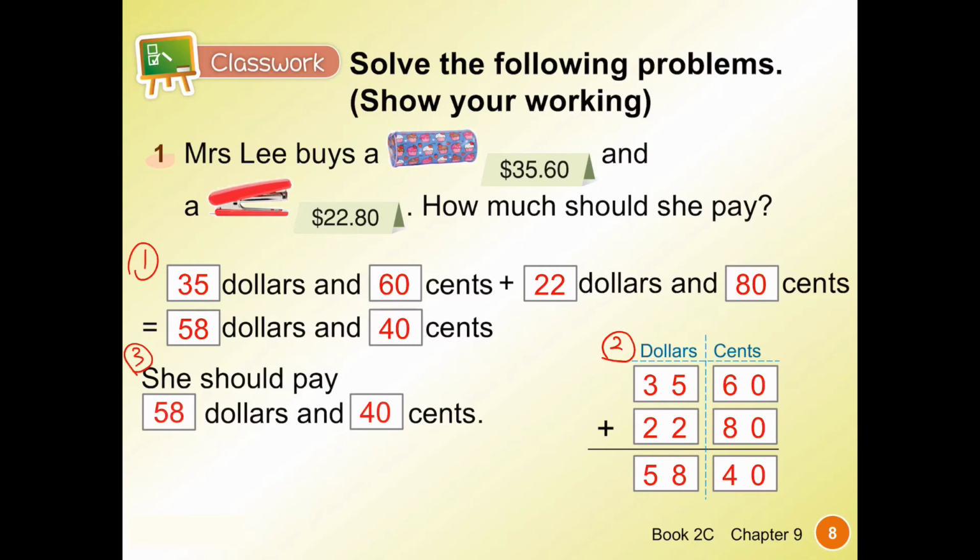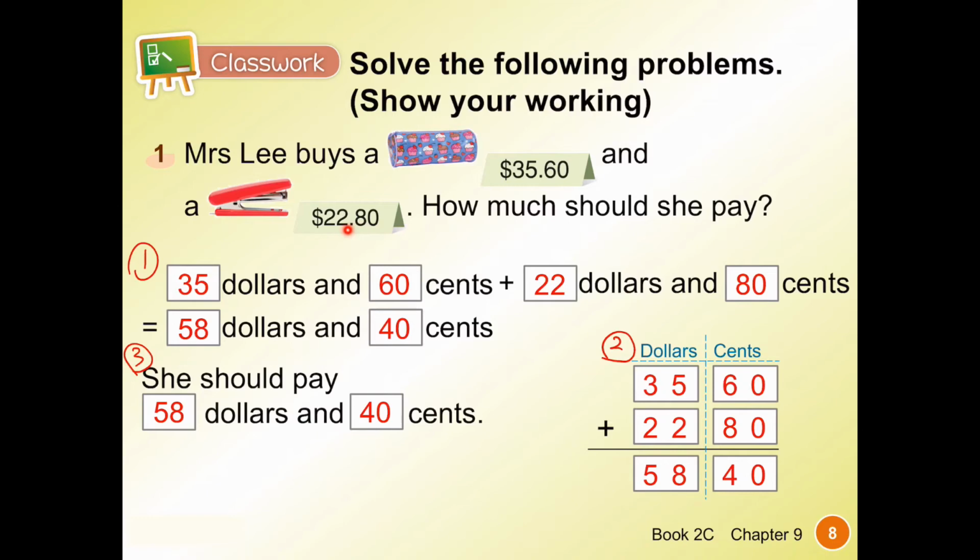So let's discuss the answer. So once again, we start by looking at the amounts for the pencil case, so 35 is in front of the decimal point, so we put $35 here, and then 60 after the dots, so 60 cents here.